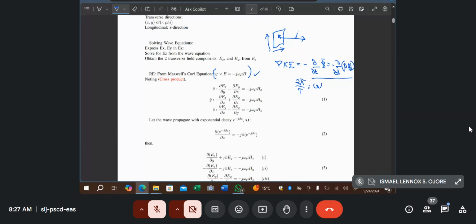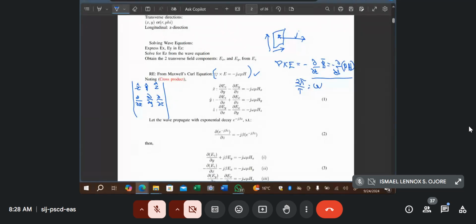Now we want to look at the components of x. Remember, you can take note. The cross product, if you remind yourself, we normally just write as the determinant. You can have the unit vectors x, y, z, then del over del x, del over del y, del over del z.